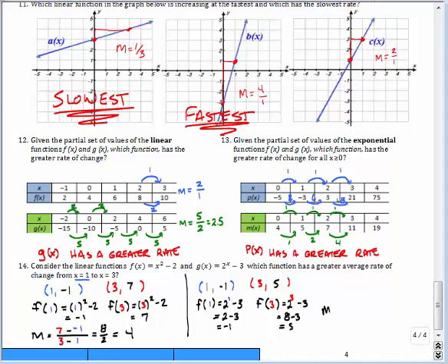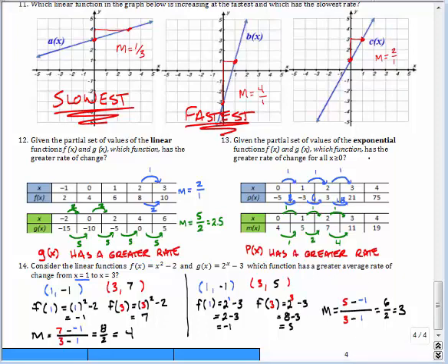And now I just got to find the slope of that one, which again would be y2 minus y1, which is negative 1, all over x2, which is 3, minus x1, which is 1. Okay, so this will end up being 5 plus 1, which is 6, and 3 minus 1, which is 2, so the rate of change is 3 for this one, so it looks like f of x has the greater average rate of change.